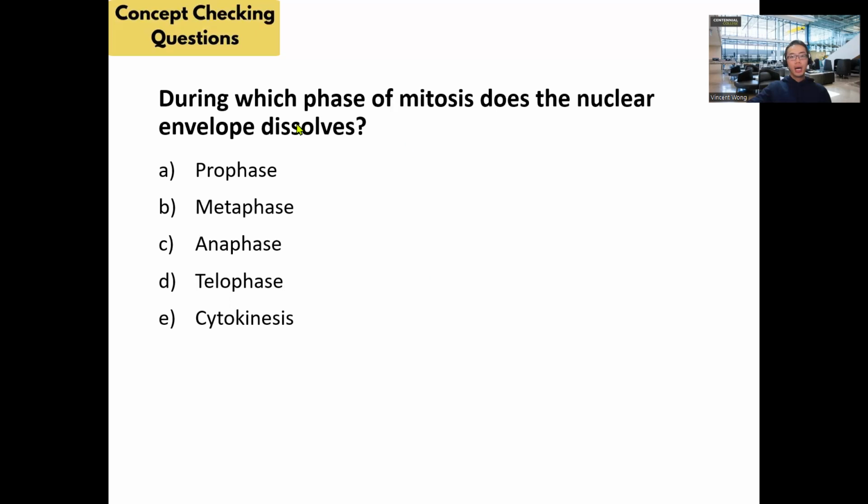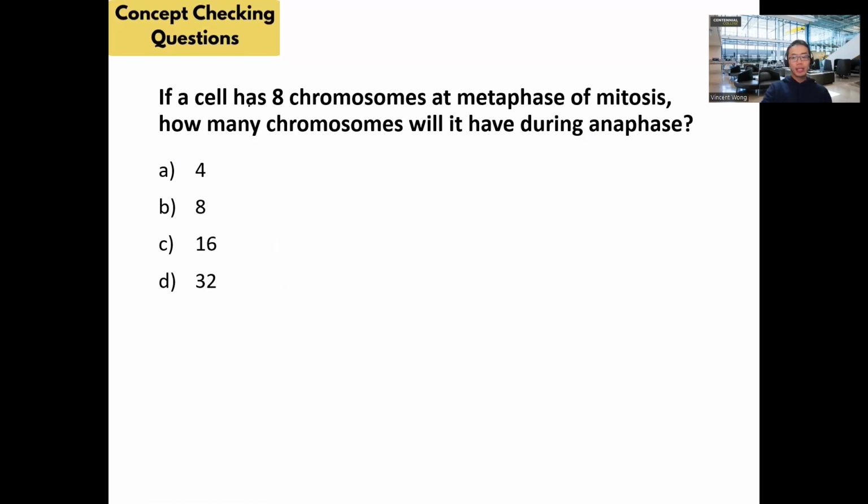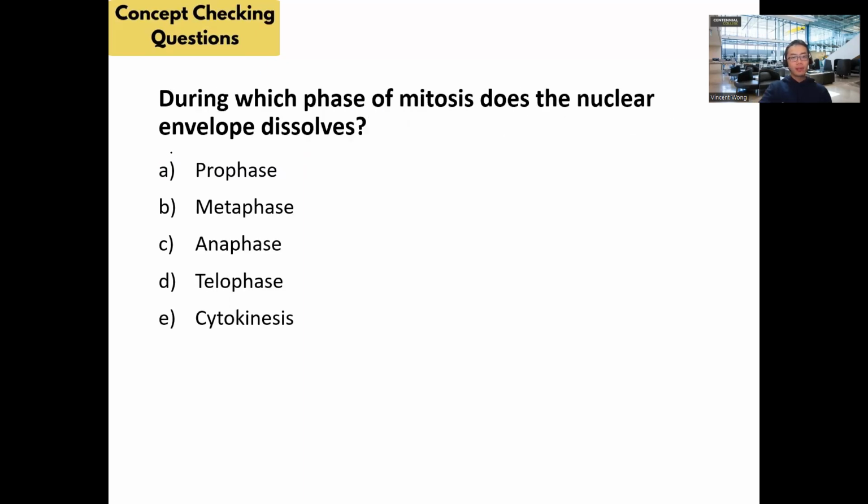Which phase of mitosis does the nuclear envelope dissolve? It will actually dissolve in the prophase, because you need the chromosomes to come out. It would already have dissolved in all these later steps. So it's the prophase where the nuclear envelope will first dissolve.